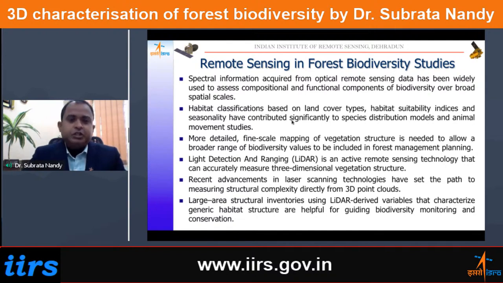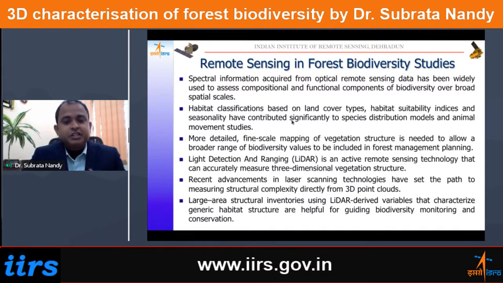There are lectures also on how remote sensing technology can be utilized for forest biodiversity assessment. Now, generally, spectral information acquired from different optical data sets has been widely used to assess compositional as well as functional components of biodiversity over different spatial scales.